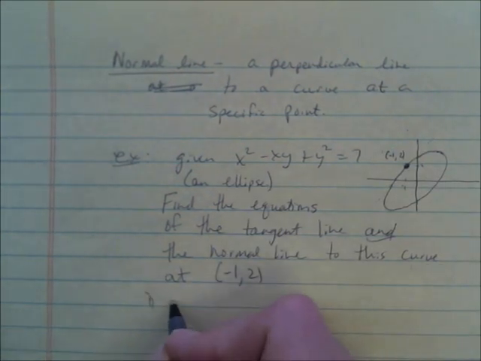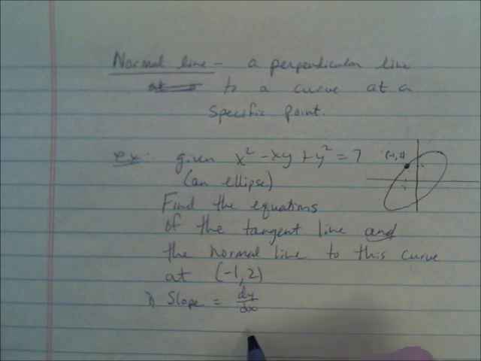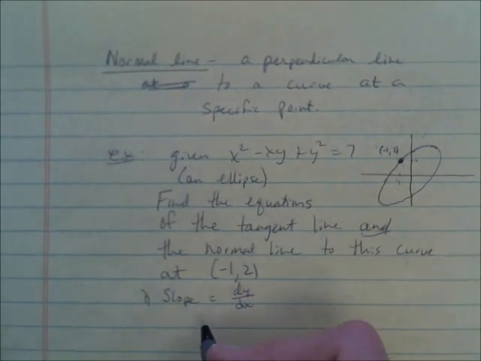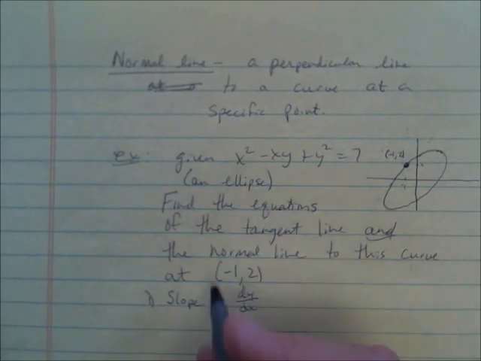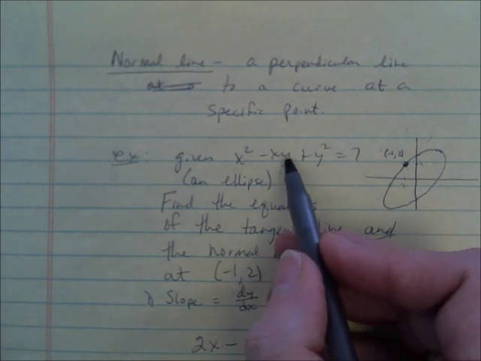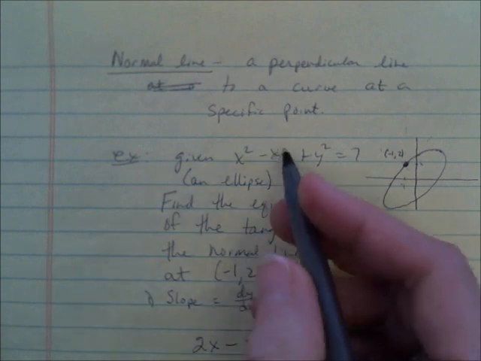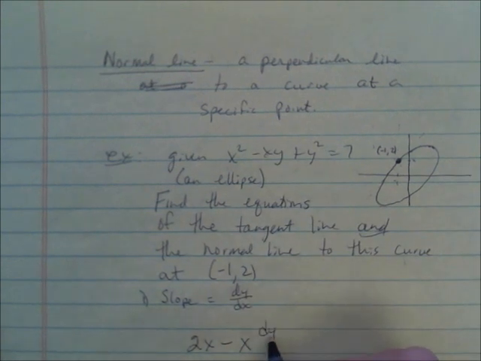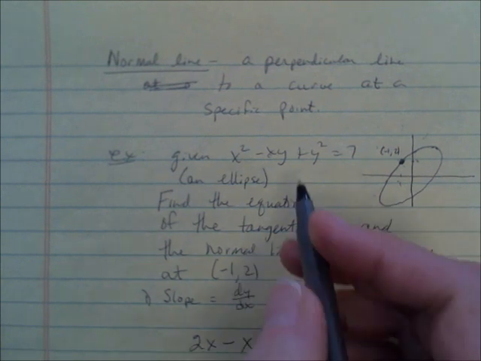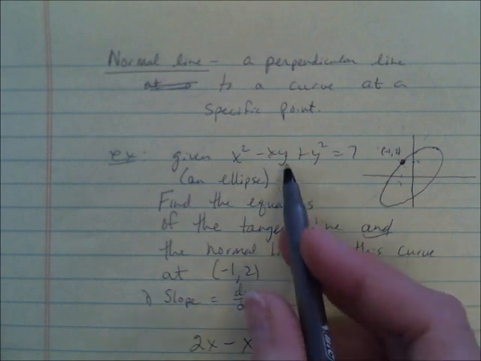So the first step is to find the slope, which is going to be dy/dx. Let's take the derivative of the given function. The derivative of x squared is 2x. The derivative of xy is the first times the derivative of the second, so x times dy/dx, plus the second times the derivative of the first, so y times 1.